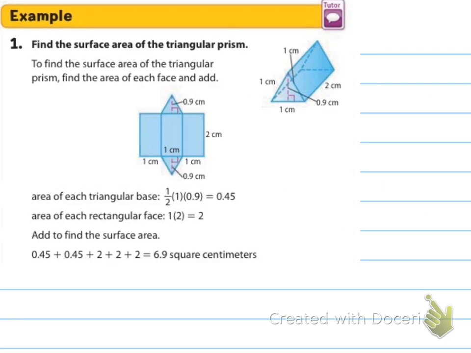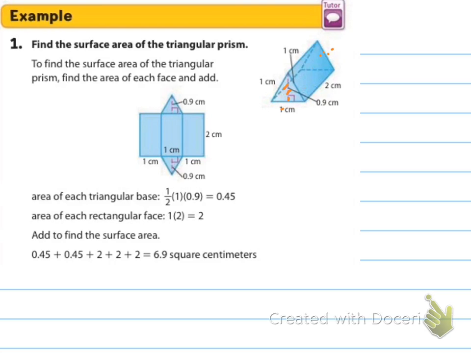All right, so example number 1 said to find the surface area of a triangular prism. To find the surface area of a triangular prism, find the area of each face and then add. So you need to remember that a triangular prism has 5 faces. We've got the front and the back, which are the triangles, and then we have the 3 rectangles that go to each side of the triangle.